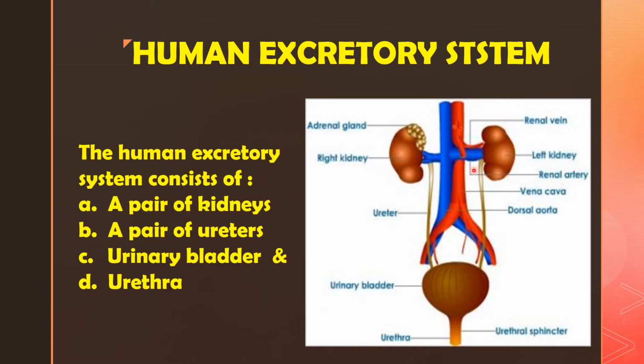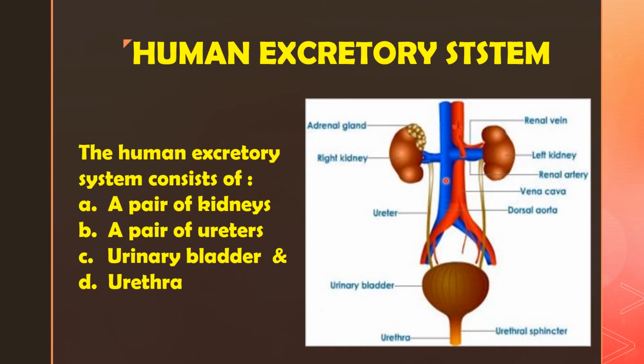Now see, other things are there. This is the right kidney, this is the left kidney. This blue one is the renal vein, and the red one is the renal artery. You know that a vein generally carries deoxygenated blood, that means impure blood.